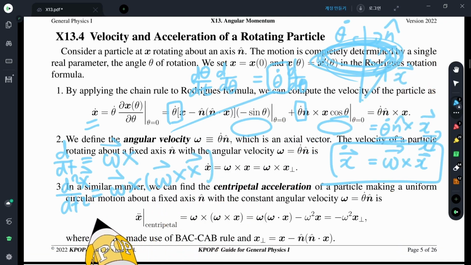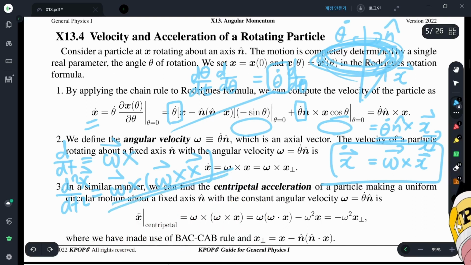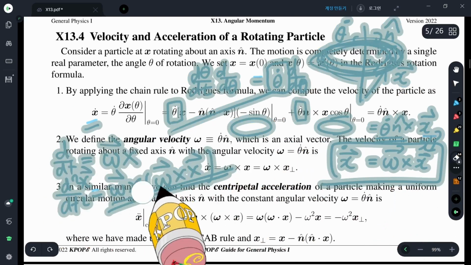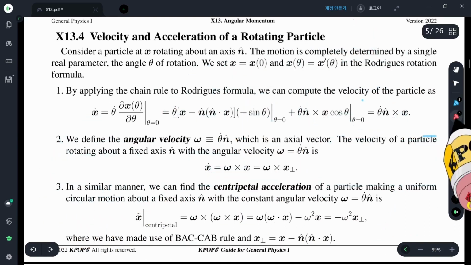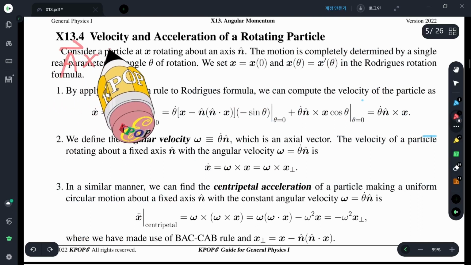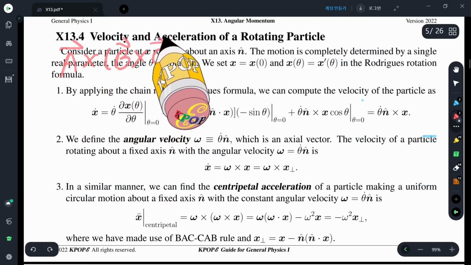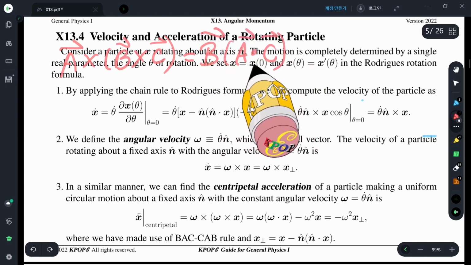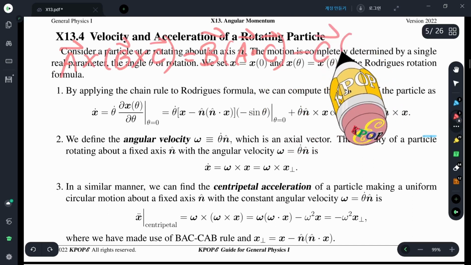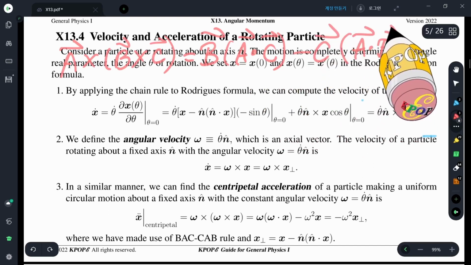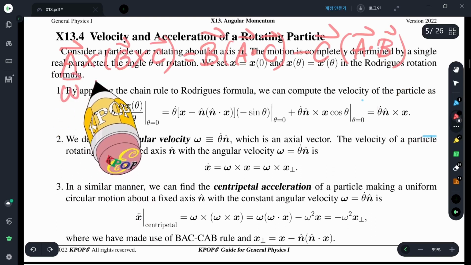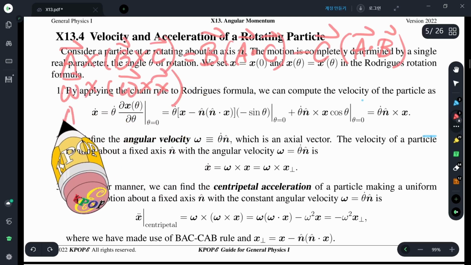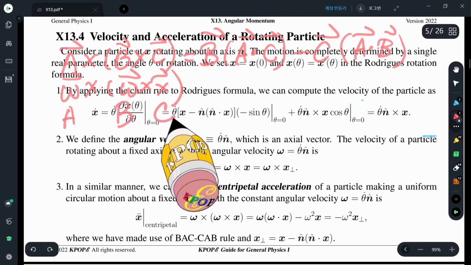In that case, I can make use of the BAC-CAB rule: A cross B cross C equals B times A dot C minus C times A dot B. Because we have omega cross omega cross x, this is A, this is B, and this is C, right?